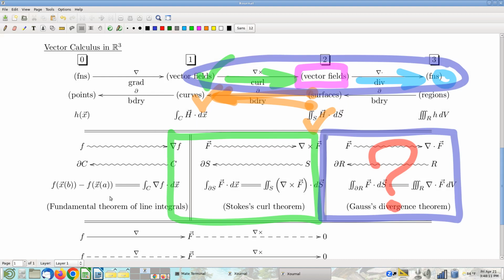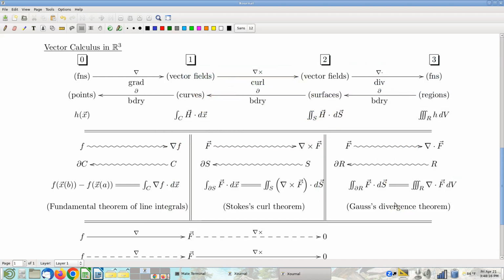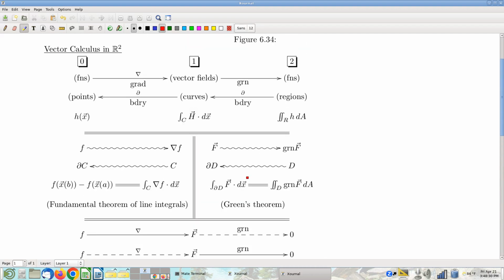Okay. Here's another way of thinking about it. We've got, again, 5 different theorems here. We have the fundamental theorem of line integrals, Stokes's curl theorem, and so on. So three theorems on the R3 diagram, 2 theorems on the R2 diagram.